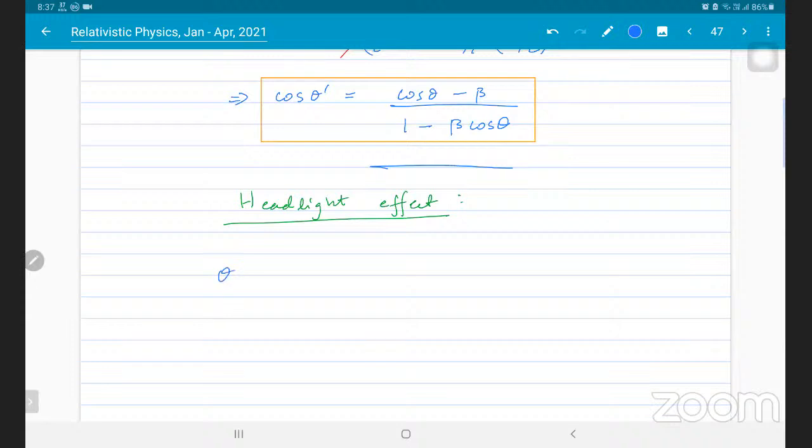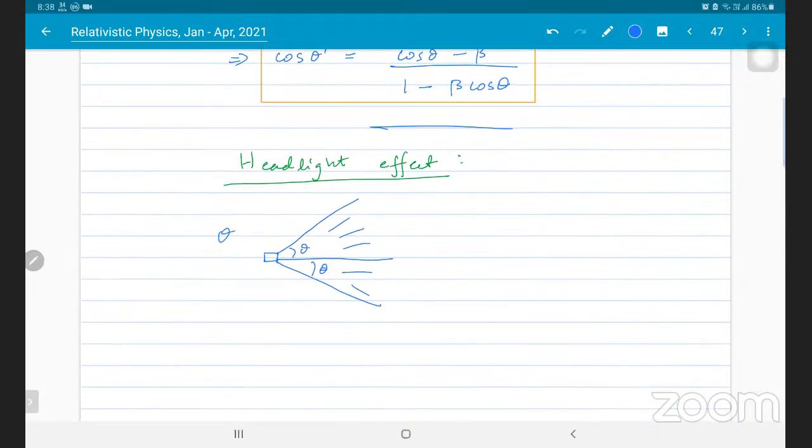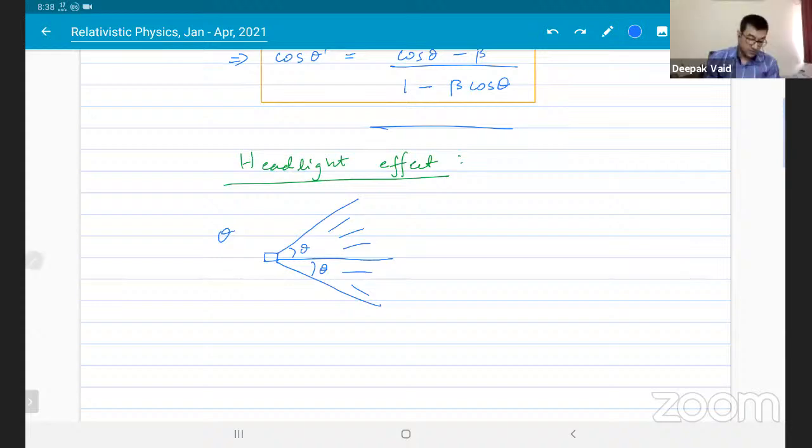So let's say that you have some frame of reference. You have some other observer, O prime.